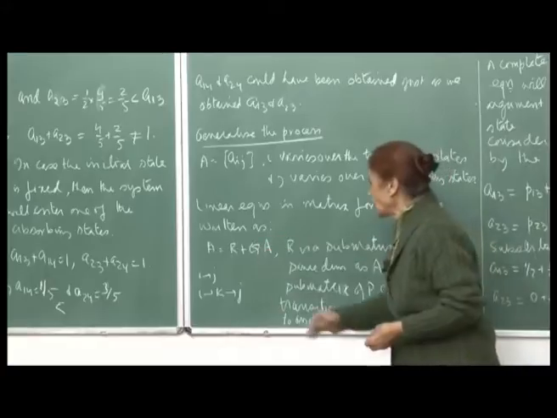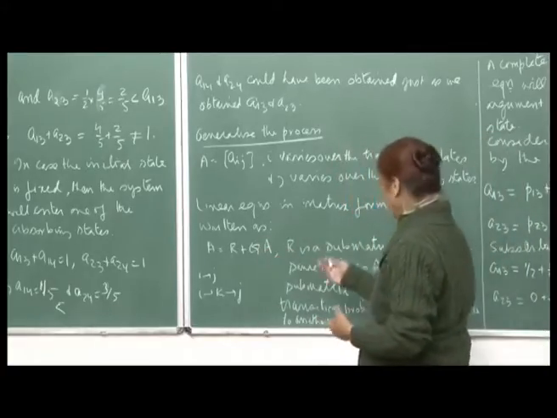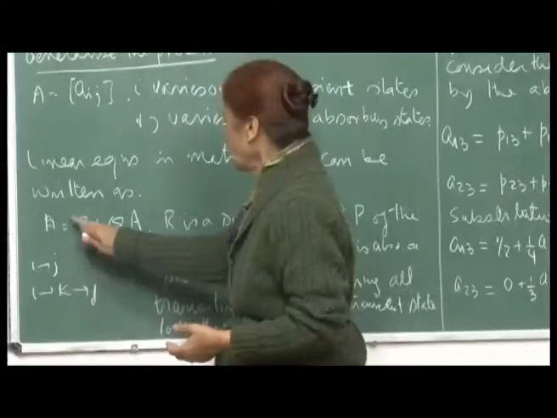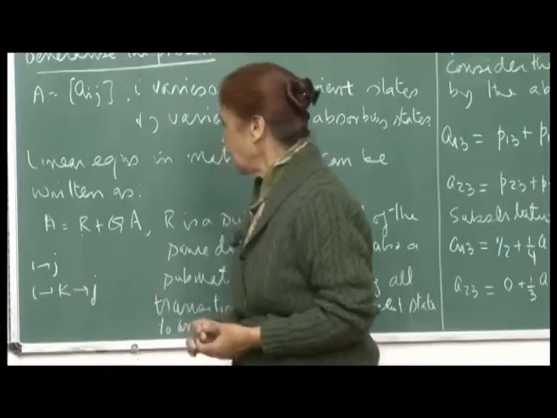We continue with the computation through this matrix. So, in other words, (I minus Q) A is R. So, A will be (I minus Q) inverse R, and (I minus Q) inverse will exist.